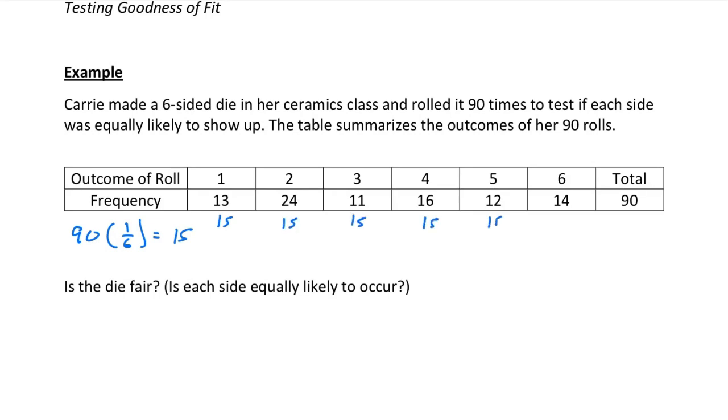So these are my expected values for this problem. And so again, the question is, are her results close enough to those expected values for us to have evidence that her die is in fact balanced? And for this, we're going to use alpha equals 0.05, or 5%, like we often do.